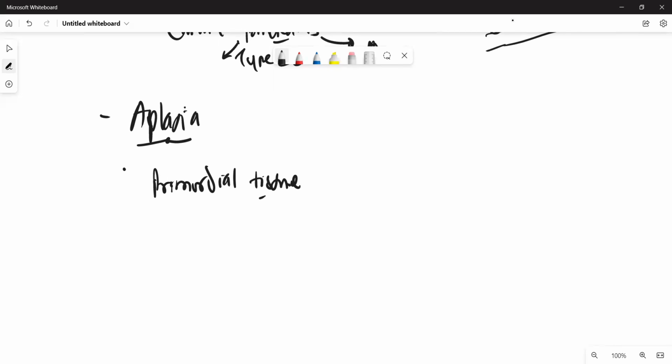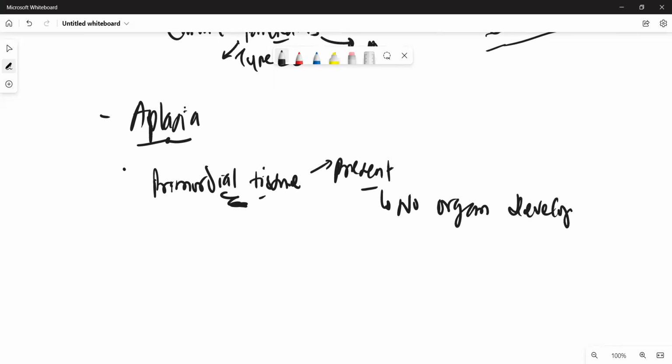So in aplasia, the primordial tissue is actually there, but for no reason, the organ did not develop. So it's a failure of development during embryogenesis: primordial tissue is present, but no organ.